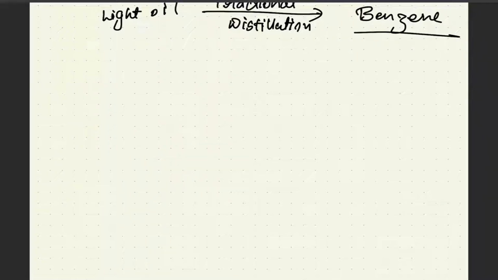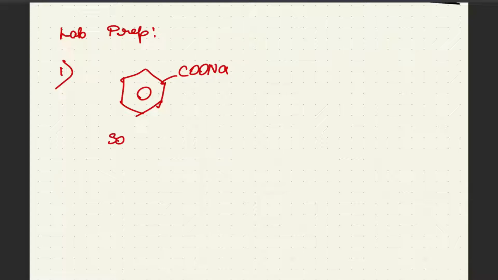Now coming to the laboratory preparation, the way it is prepared in the laboratories. We use sodium benzoate. This is one of the common processes which we would have learnt even in hydrocarbons, using benzoates.